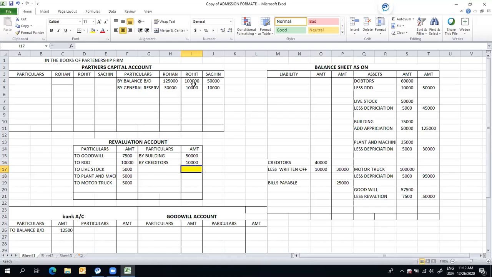Because they will face shortage of fund, and to fulfill it, they will bring additional capital. So for that they have to bring additional capital in their business.